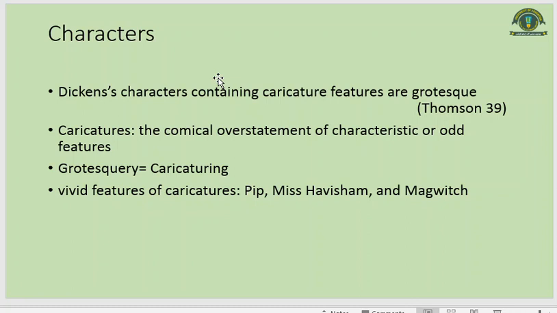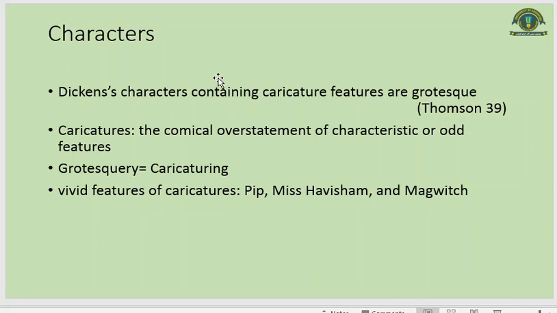Grotesque means strange. Although caricatures are usually comical, overstatements of characteristics or odd features, they would be the common things, comical.